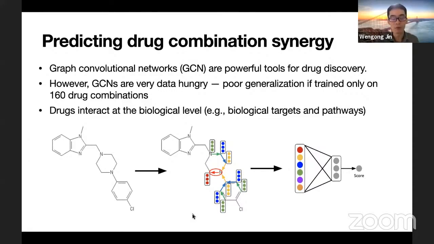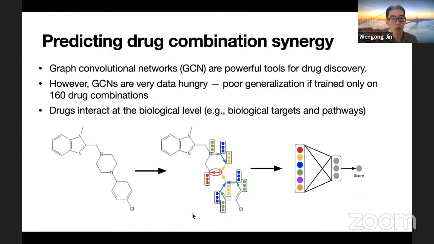But there are some inductive biases that we can leverage here to improve model generalization under this data-limited regime. We know that drugs typically interact at the biological level.